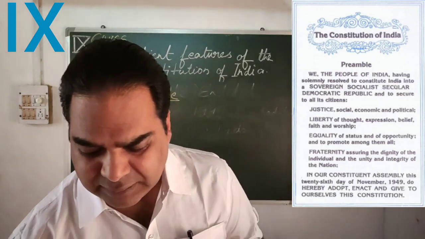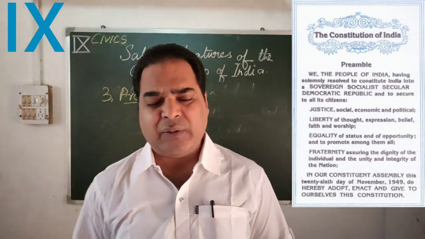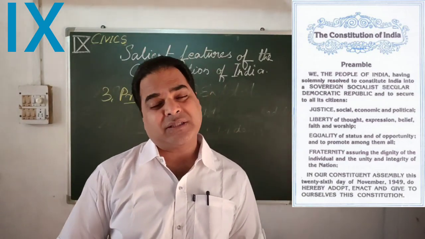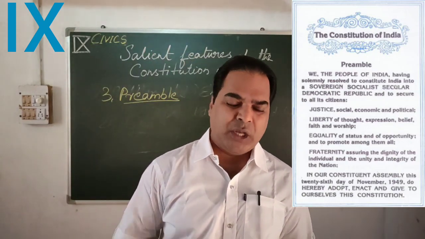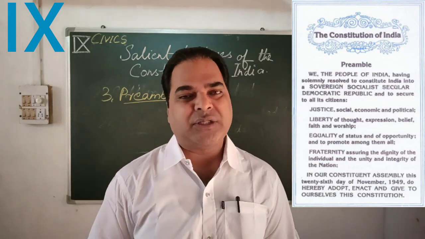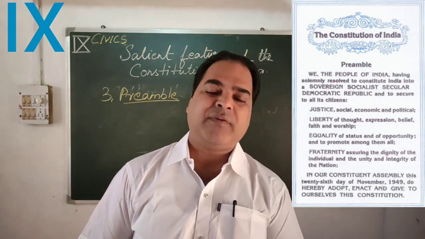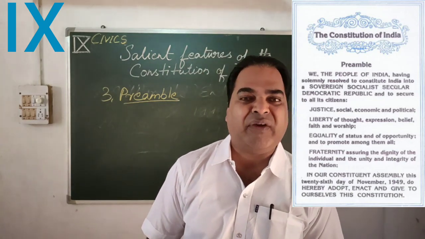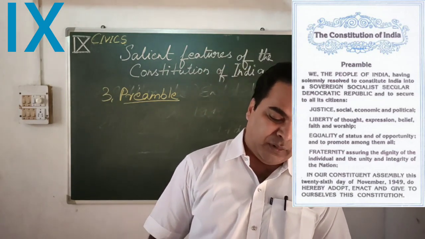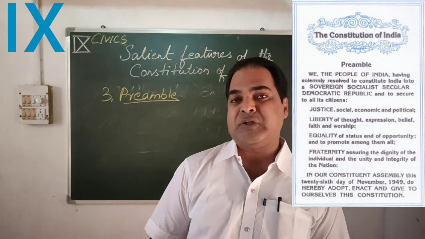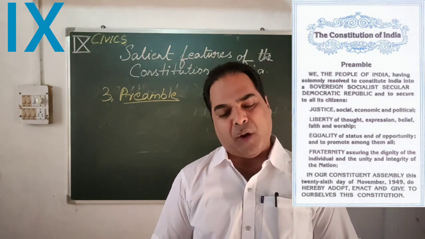So apart from that we have, to secure to all its citizens justice. What type of justice? Social, economic and political. Then next one we have is liberty of thought, expression, belief, faith and worship. Then equality of status and opportunity and to promote among them all.